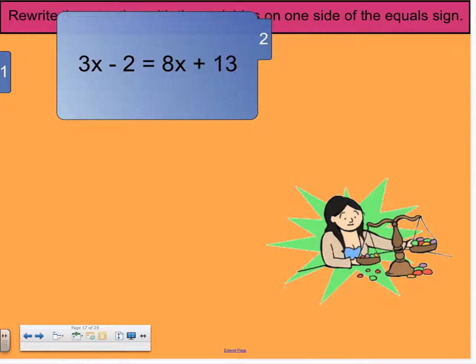Who wants to tell me the first step? Who would like to tell me the first step? Antoinette, what do you think the first step is? Subtract what? All right, we can try that. All right, so everybody get started at least with subtracting 3x from both sides.